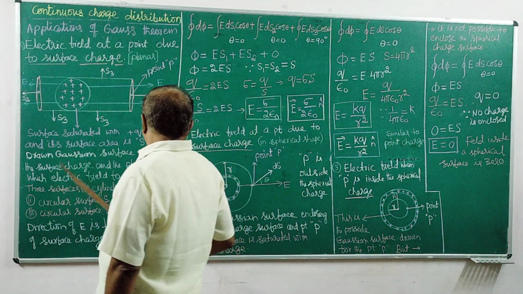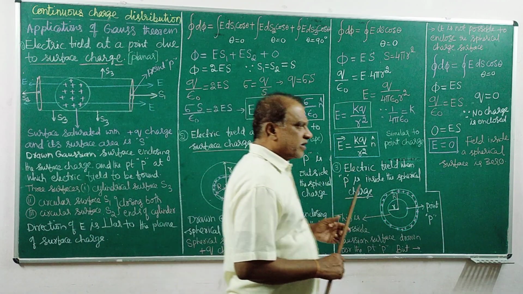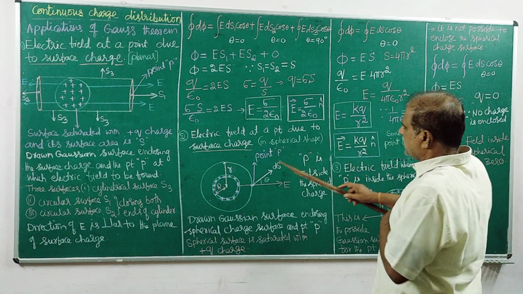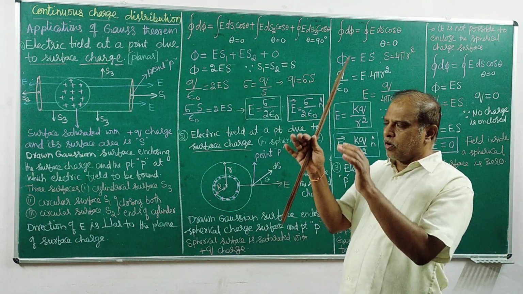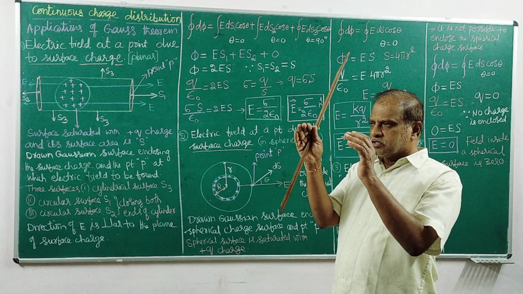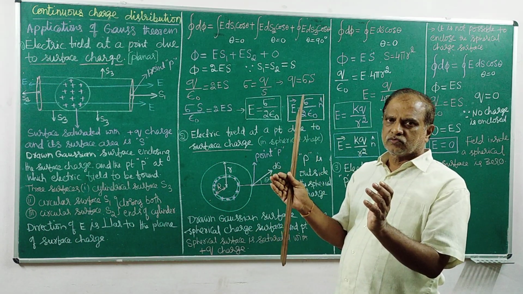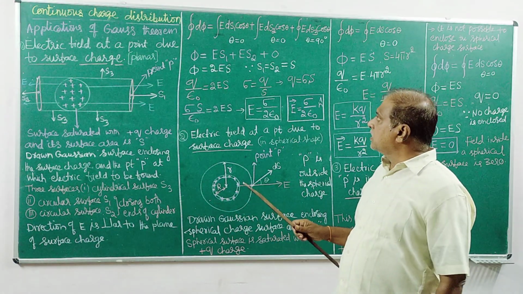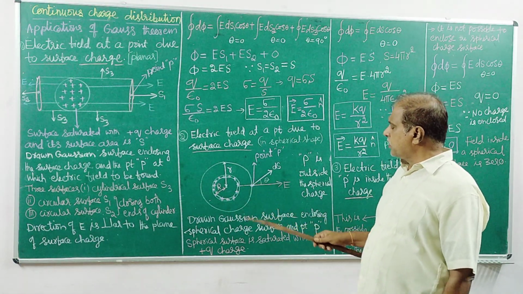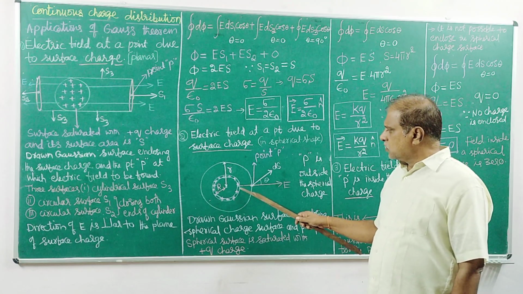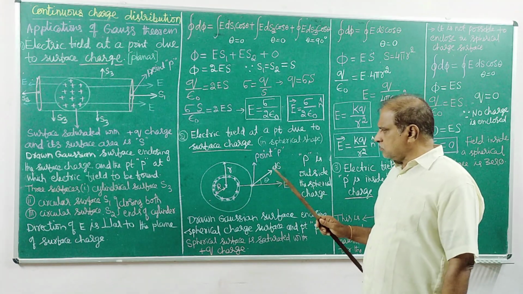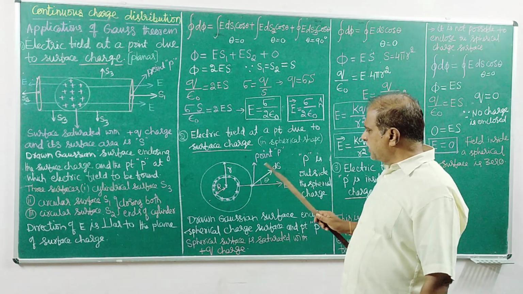Next, let us get the equation for the spherical shape. That is a sphere, a ball-like shape. The charges are distributed on the surface. Let us find the equation for the electric field at a point due to this set of charges. There are two possibilities.